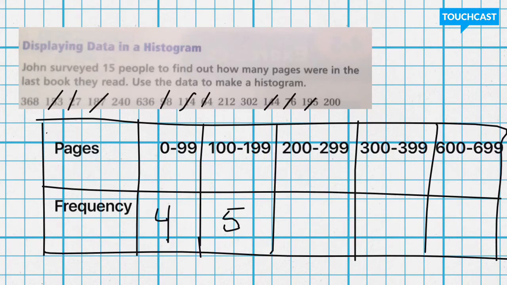From 200 to 299, we have 1, 2, 3. From 300 to 399, we have 1, 2. And then we only have 1 in that 600 range. So now let's go and construct our histogram.